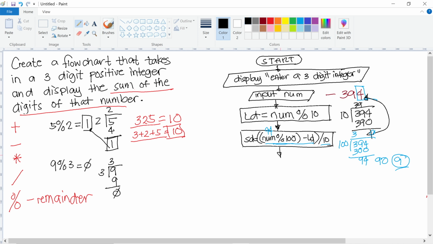Next is to extract the first digit. And how do we do that? We would just say first digit is equal to num minus num modulo 100, divided by 100.